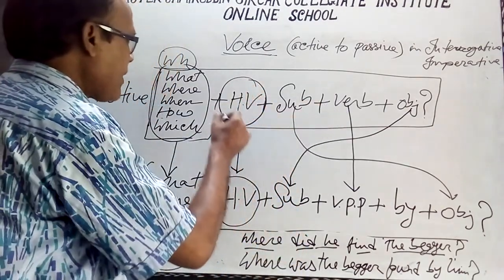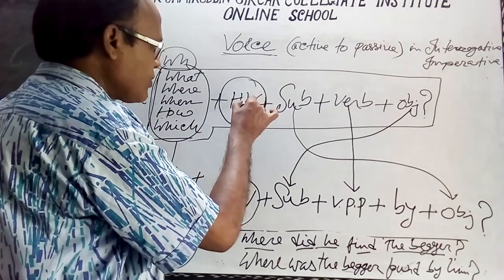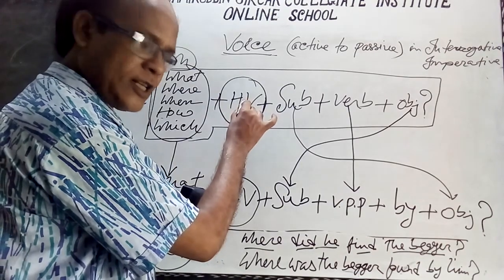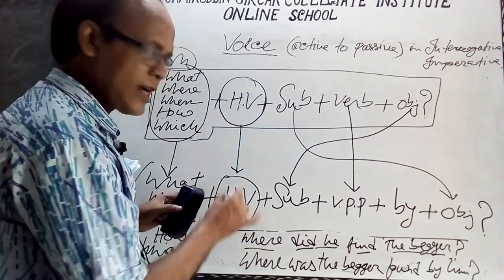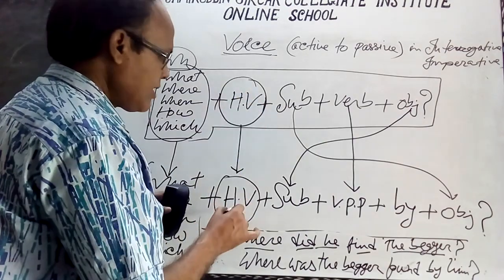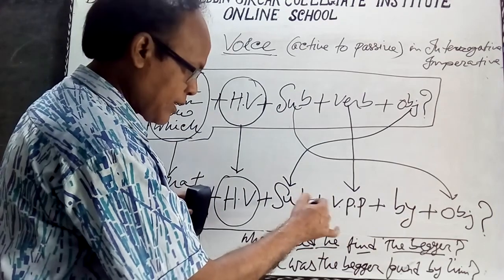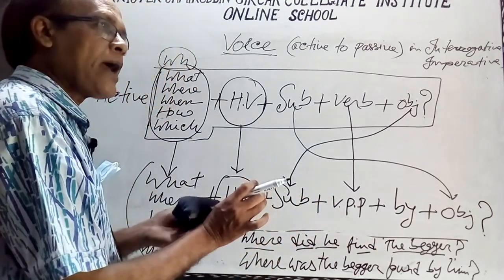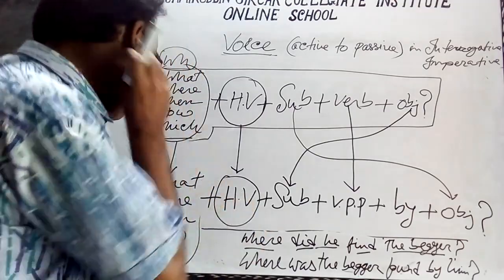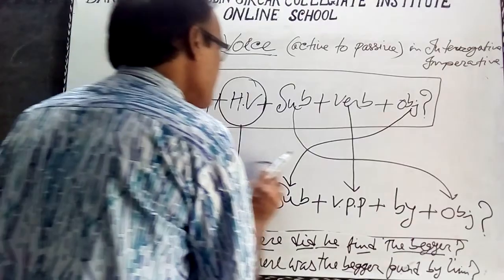So the helping verb after the WH question, according to the helping verb, we must put the helping verb here. If there is do or does, there will be am, is, are. If there is did, there is was. If there is a continuous tense, there is being, so being will be put after the subject. So according to the tense, the helping verb will be changed.